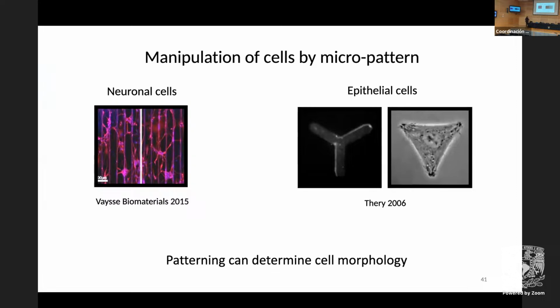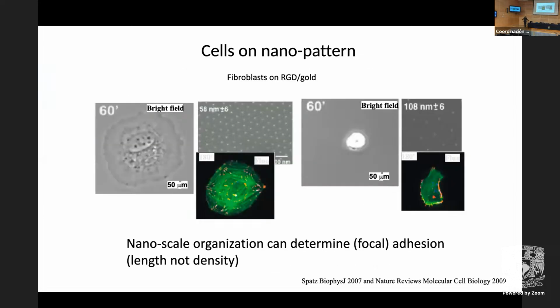How about if we go even smaller and go to nanoscale? Proteins are typically 5 to 10, maybe 70 nanometers, not more. So does the cell even care if I have proteins thrown on the surface randomly or in some kind of pattern?